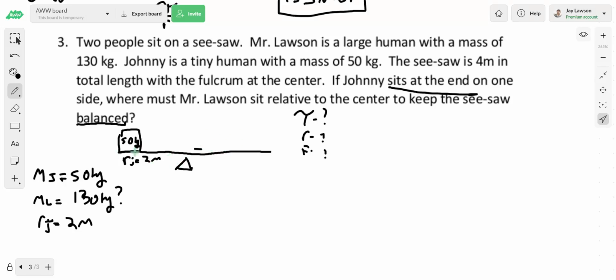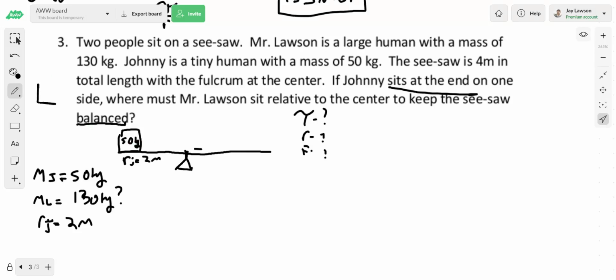Well, how do I know what force is acting on it? Well, this kind of goes back to our free body diagrams. All right. Let's just look at Johnny for now. We'll get to Mr. Lawson in a little bit on his side of the seesaw. What forces are acting on this? Well, we have a normal force acting upward.